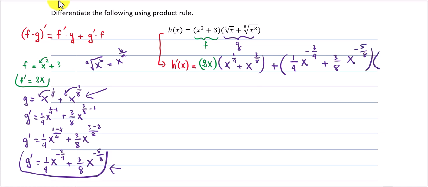And we multiply by the f function, x squared plus 3. All right, the next step, we have to make all the distribution. So I will take 2x, multiply in here, and also multiply in here. So my h prime of x should be 2x multiplied by x to the 1/4 power.